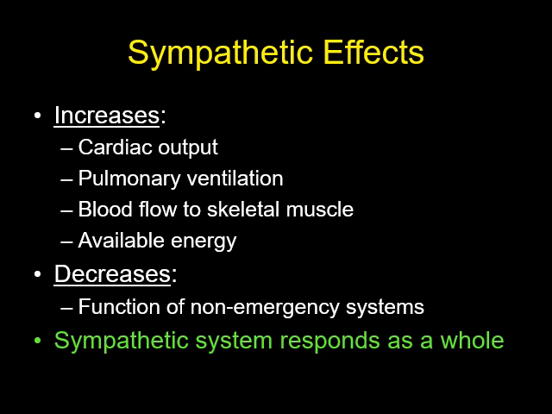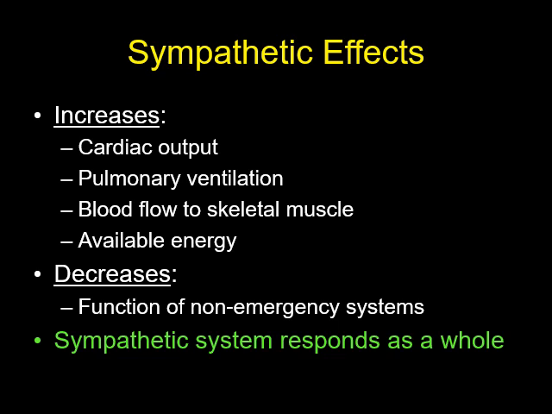As mentioned in the previous slide, the sympathetic nervous system collectively works to increase one's cardiac output, the amount of blood pumped with every heartbeat, increase pulmonary ventilation, the bringing of oxygen and nutrients into the blood, and the exhalation of CO2 and waste products out, increasing blood flow to skeletal muscle, and an overall increase in available usable energy in the form of glucose.